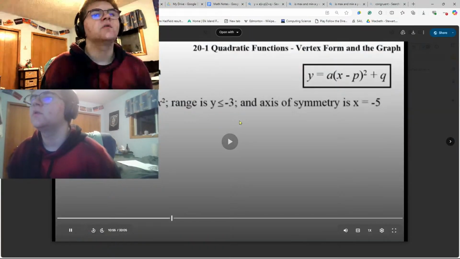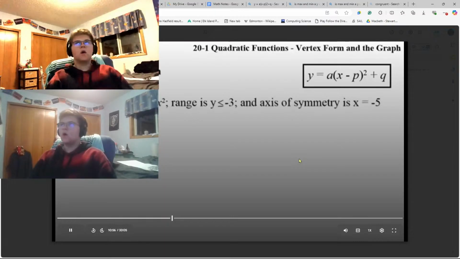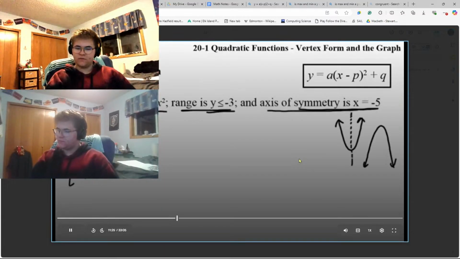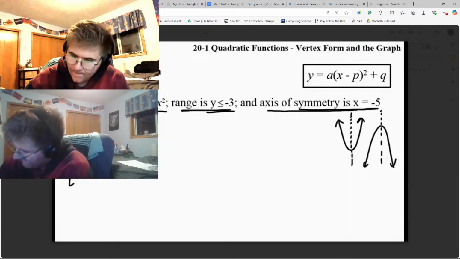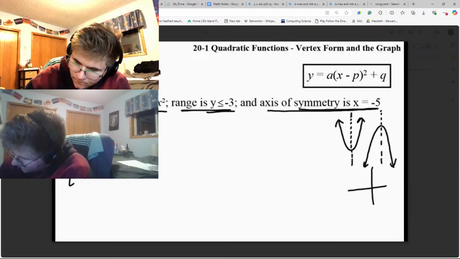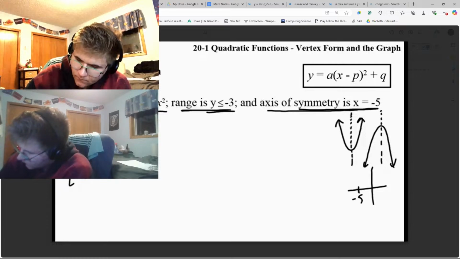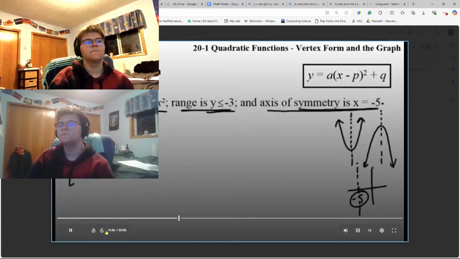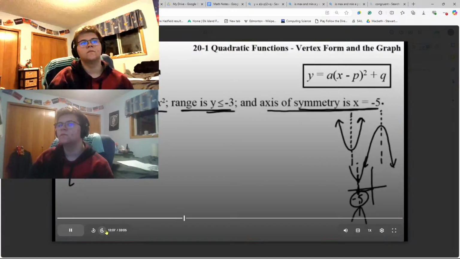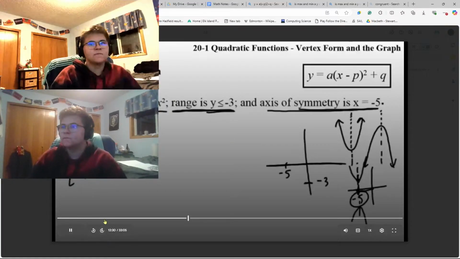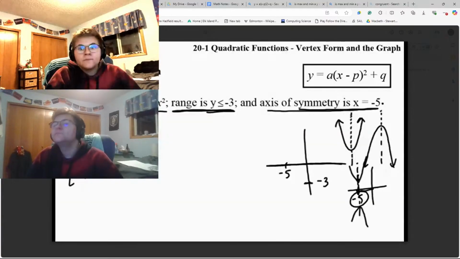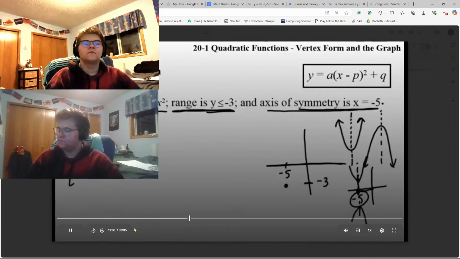I don't know. So in this case, what we need is the axis of symmetry. It's at -5. If at -5 I have my axis of symmetry... I like the visual. That is telling me that we're down at -3.